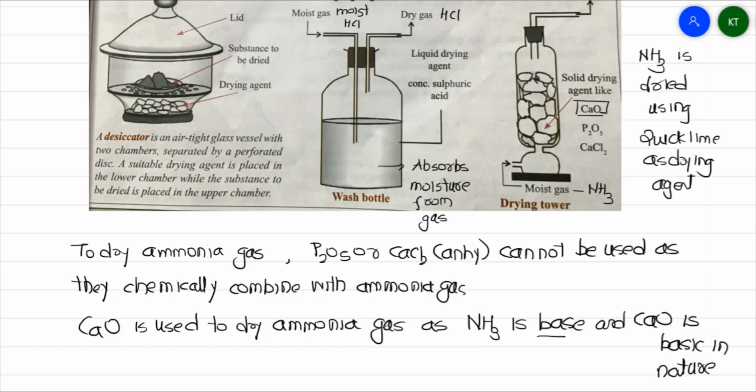As both are basic in nature, no chemical combination takes place between them. That's why I use calcium oxide to dry ammonia gas.